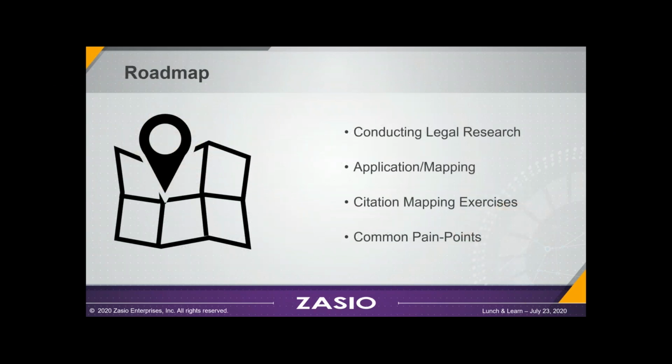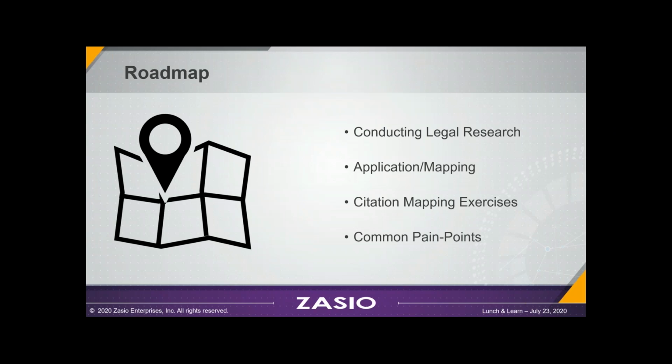So today's topic is legal research, analyzing requirements, applying them, and making decisions about retention periods and other retention schedule decisions. So, a roadmap for the topics we're going to walk through. First, we're going to talk about the process of actually conducting the legal research, and then get into that application and mapping process.